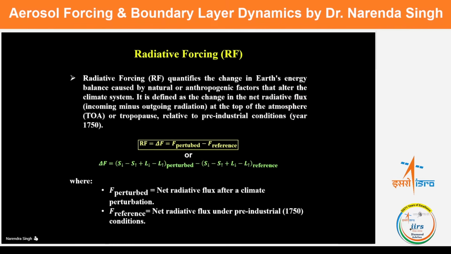So the change in the net radiative flux, incoming minus outgoing radiation, whether it is shortwave or longwave, we have to quantify separately. If we talk about this difference at the top of the atmosphere, then we call it the top of the atmosphere balance.